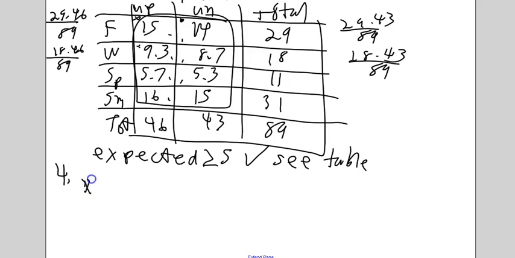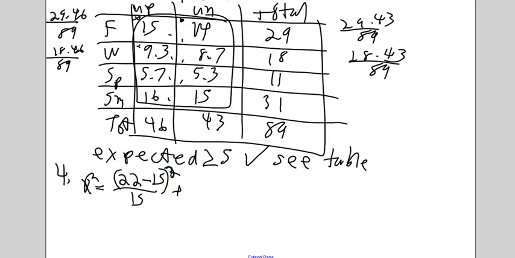So chi-squared is going to be equal to the observed count, 22, minus the expected count, divided by the expected count, and the top is squared.